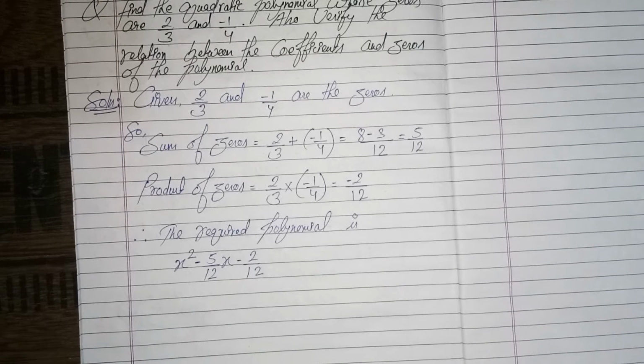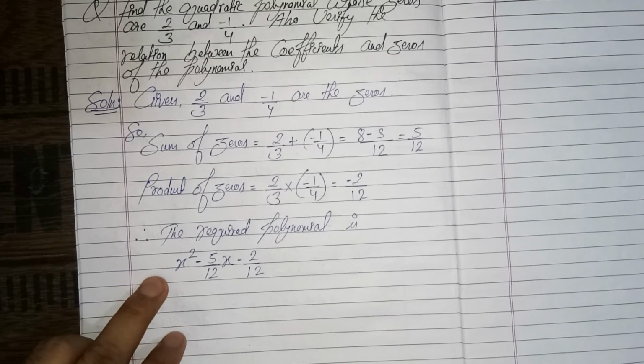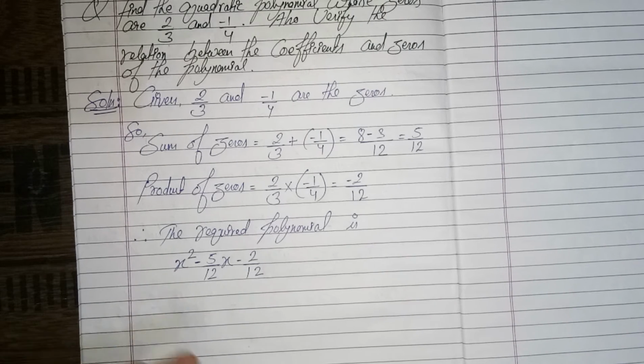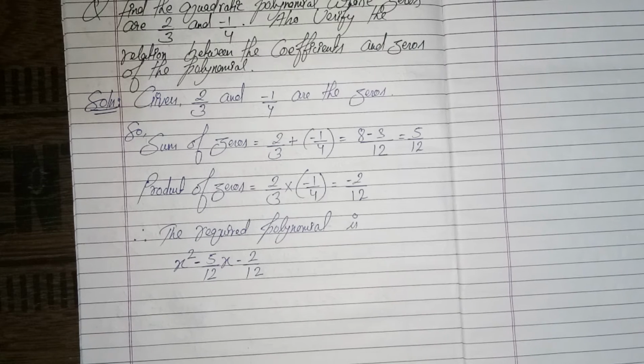So I hope we have used the same formula as we did in the previous question, and you have to memorize that formula in order to frame the quadratic polynomial if you know the sum and the product of the zeros.